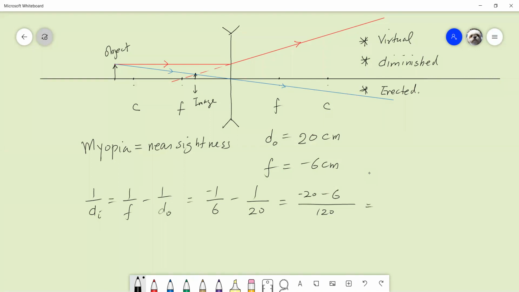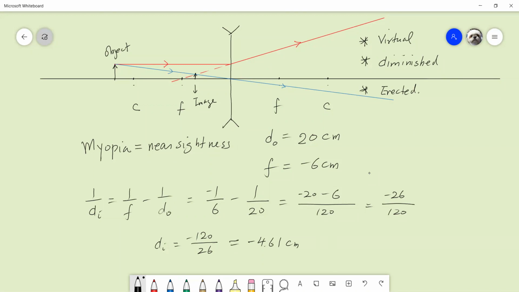There will be minus 20 minus 6 over 120. So therefore, what is DI? You have to flip them. 120 divided by 26, so 4.61.